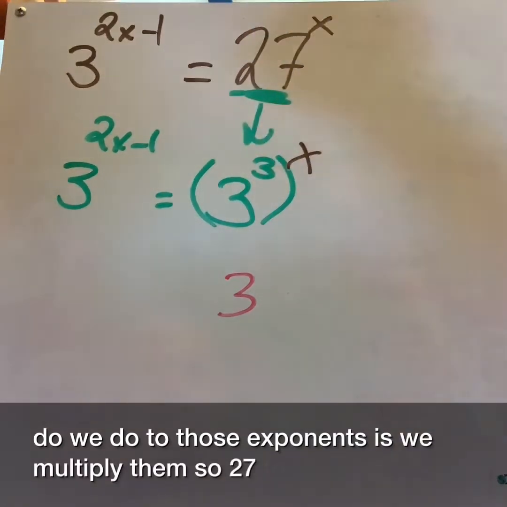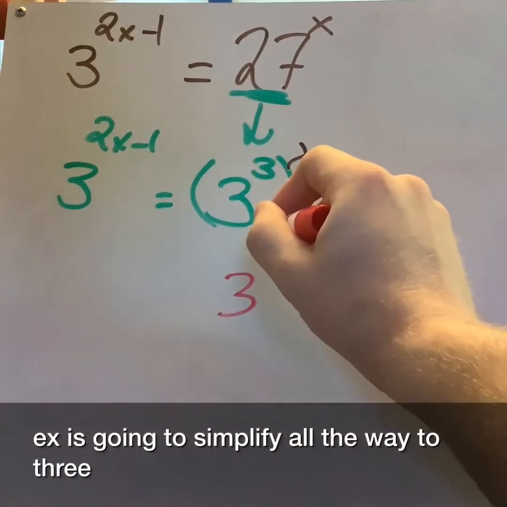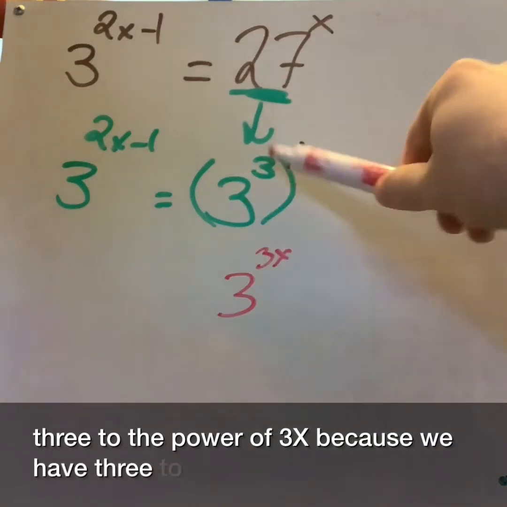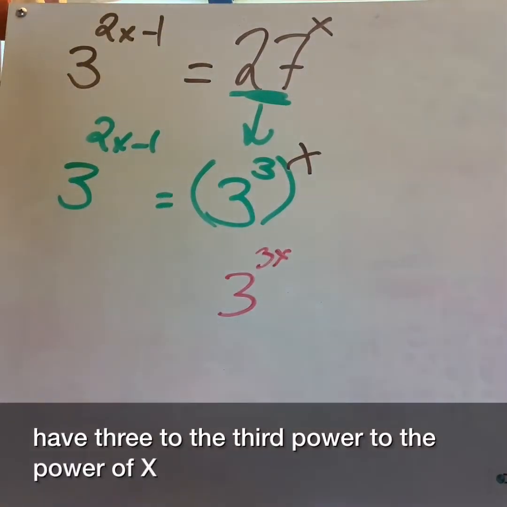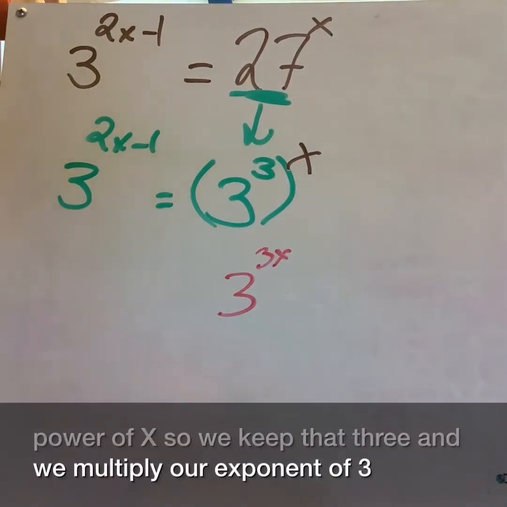So 27 to the power of x is going to simplify all the way to 3 to the power of 3x, because we have 3 to the third power to the power of x. So we keep that 3 and we multiply our exponent of 3x.